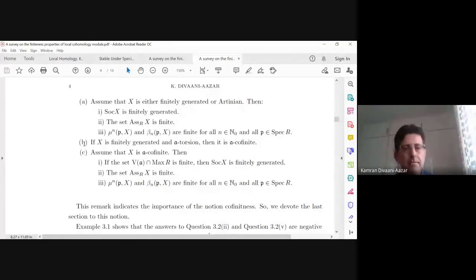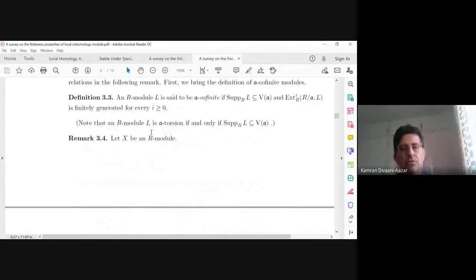Part B says that if X is finitely generated and torsion, then it is cofinite. So this is also clear, because when X is finitely generated, being torsion is the same as saying that it is supported in V(A).